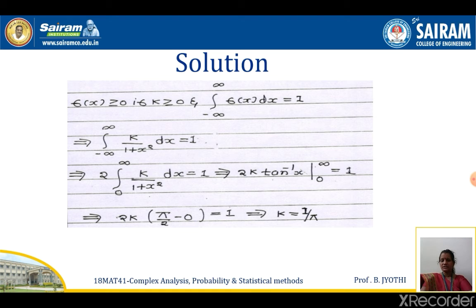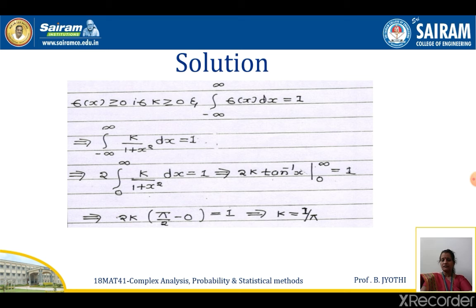By using the properties of integrals, when we have the same limits with negative and positive, this can be written as twice the integral from 0 to infinity of k by 1 plus x square dx is equal to 1.